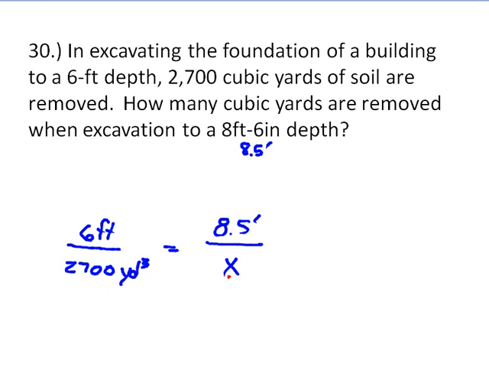And we want to know how much soil is removed. So again, we just set up the proportion. 2,700 times 8.5 equals 6x, and x should equal 3825.